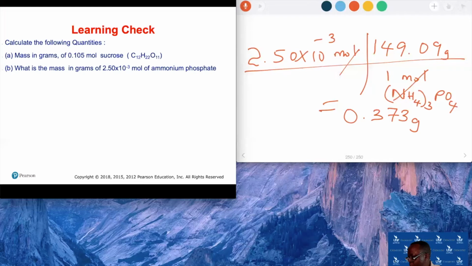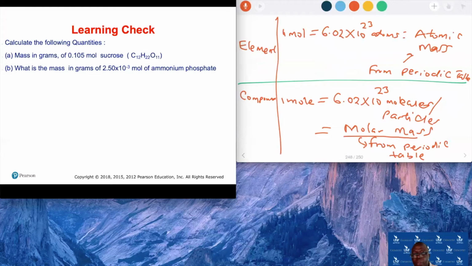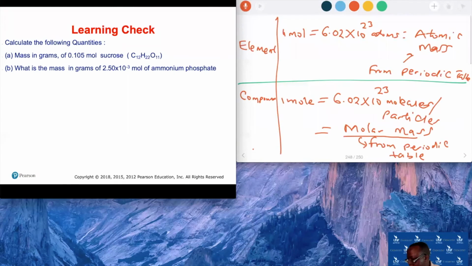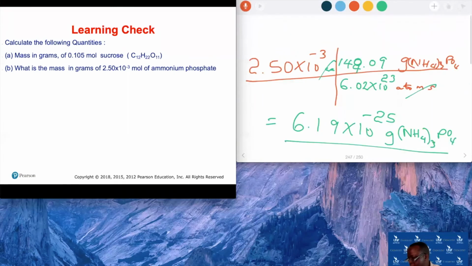Okay, grams of (NH4)3PO4. Now, this is in line with the one we have here. And going back to this, I assume that this was molecules. If we have molecules here, this is more. So the correct answer for this B is this. But here on my whiteboard, I made mine to be atoms or molecules.